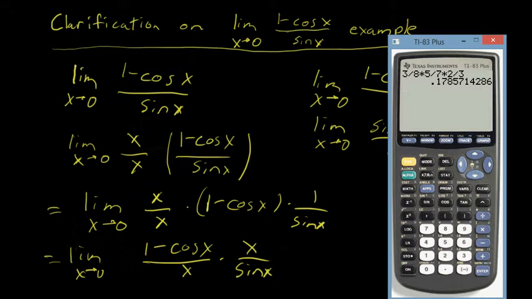Now instead of 3/8 times 5/7 times 2/3, what if we swap these denominators here and we said 3/7 times 5/8 times 2/3. Oops, I made a mistake.